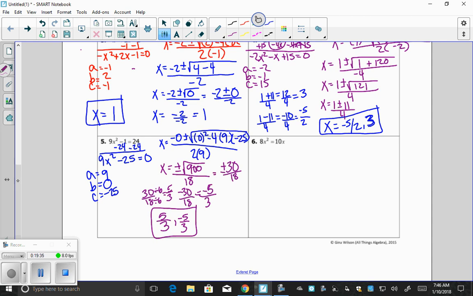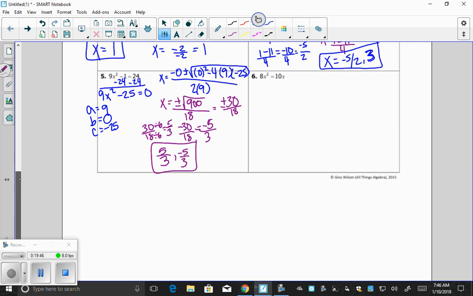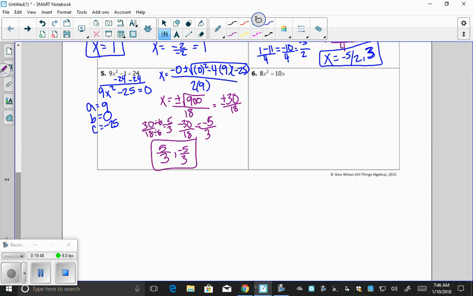Problem 6. On this one, first you need to subtract the 10x to the other side, so that I get 8x squared minus 10x equals 0.